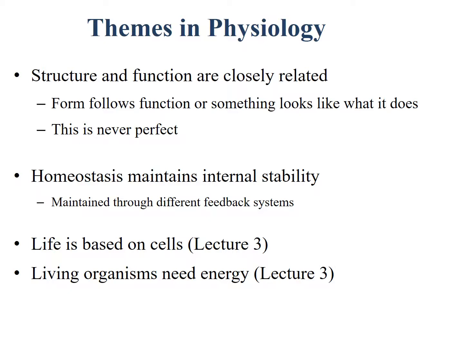This is never perfect, and there's oftentimes waste or an inefficient manner in which the body does this, but it's trying to get as close as possible to achieving the function with the given structure that it has. So we're going to see this later on as we look at each of the body systems. Just keep it in the back of your head as we move forward.